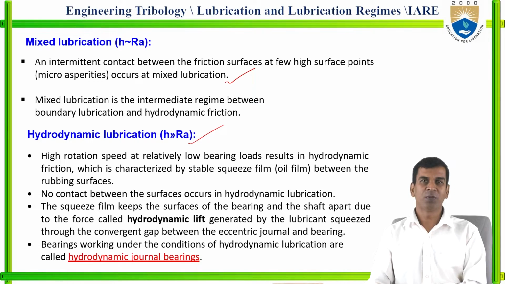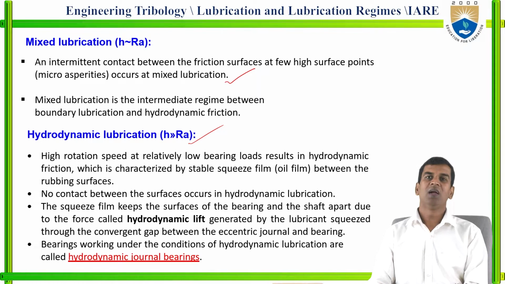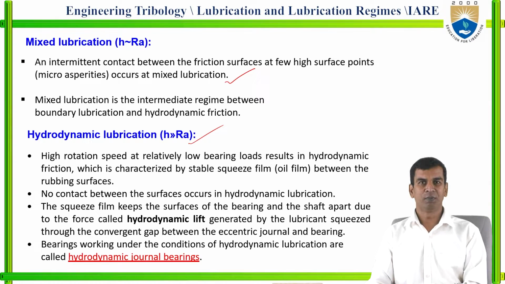High speed rotation at relatively low bearing loads results in hydrodynamic lubrication. It is characterized by an oil film between the rubbing surfaces, and no contact between the surfaces occurs.